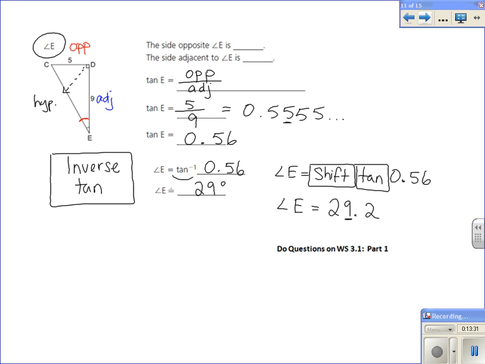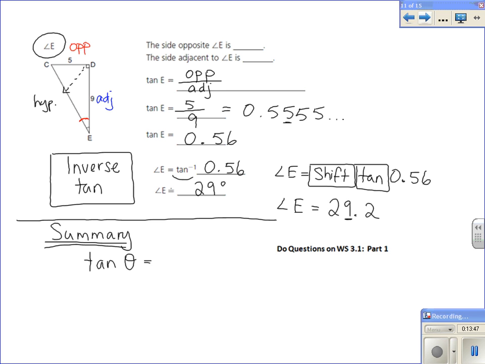A little summary. Okay, so a little summary here for us. The tangent of an angle is always equal to the opposite over the adjacent side lengths.